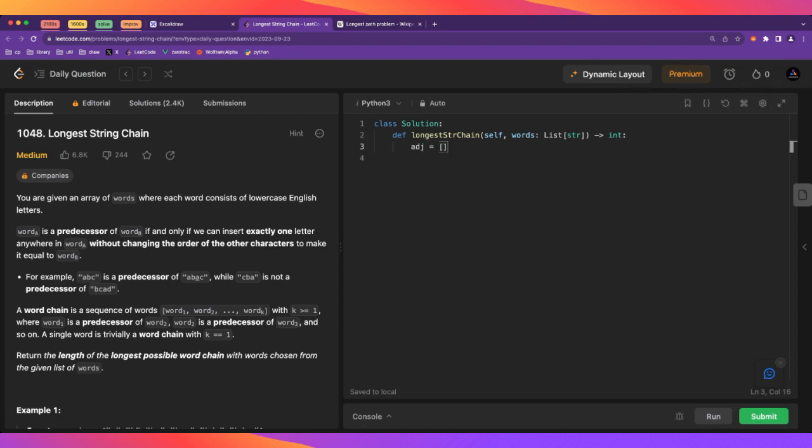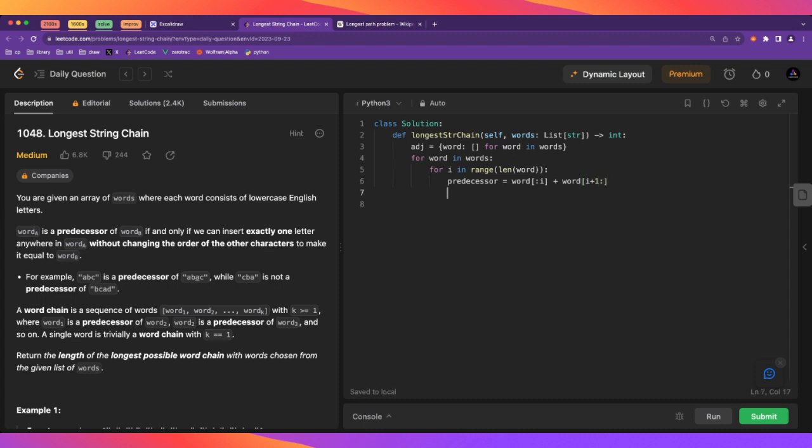So let's use the words directly. So for a word in words, initially we'll have an empty list of adjacent nodes, and then for every word, we are going to consider removing every character in word, so that the predecessor is going to be the word up to the i element, but without the i element.